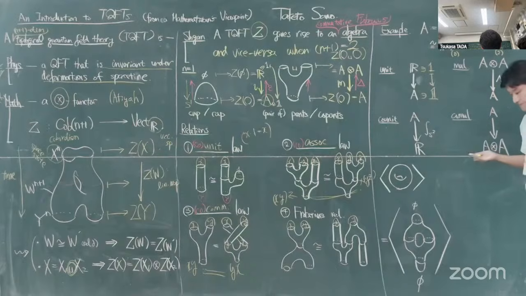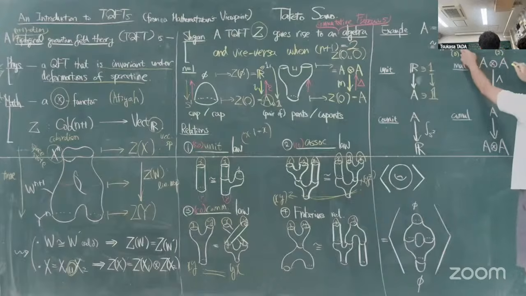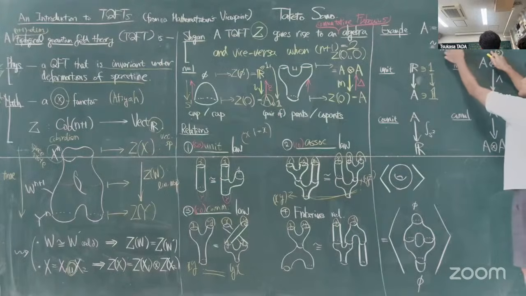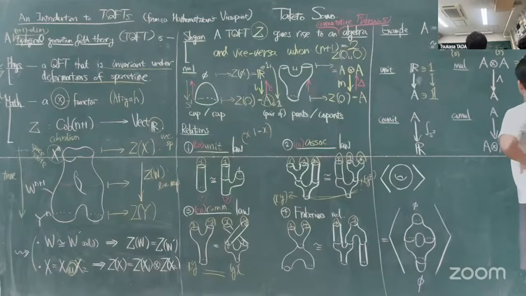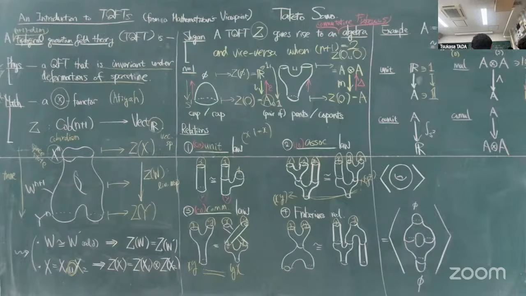If you're familiar with differential forms, this is the wedge product of differential forms. But here it's very simple because we only have these two generators. And this one is just 1 in degree 0. So we have 1 tensor 1, this goes to 1. So this is just 1 times 1 equals 1.